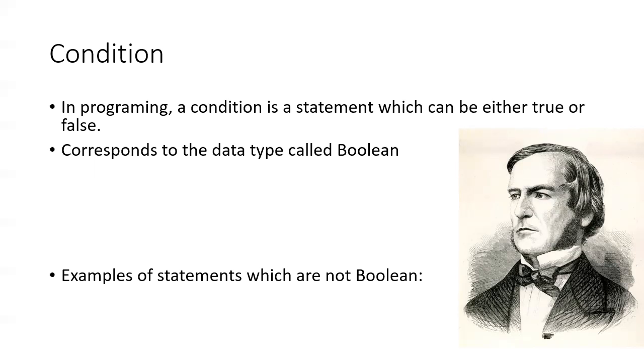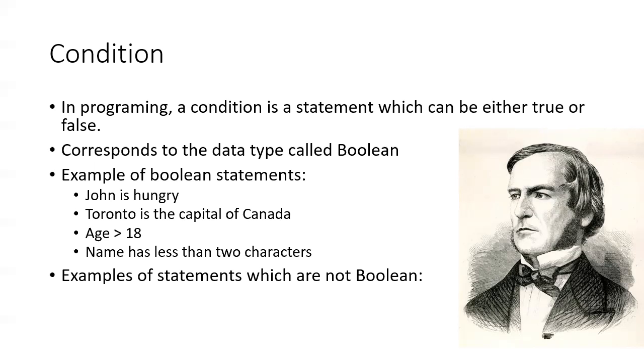Now, I say he described it because I personally believe that the Greek philosophers, Socrates and Plato, more or less described this kind of stuff too, but they weren't working with computers. So we have this idea of a Boolean statement, which can be either true or false.